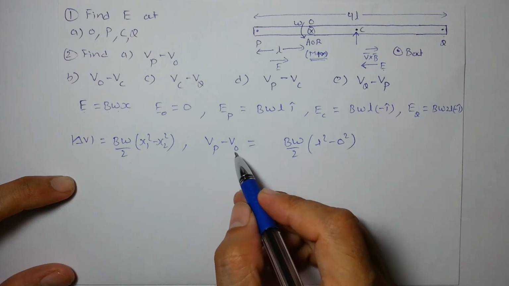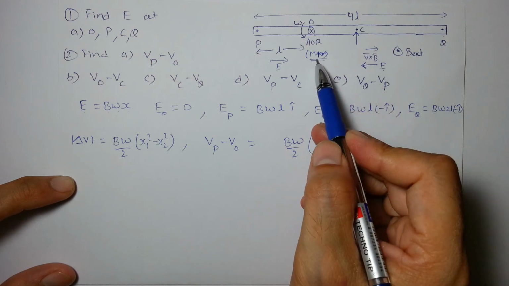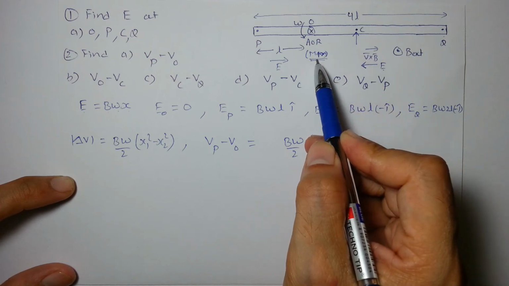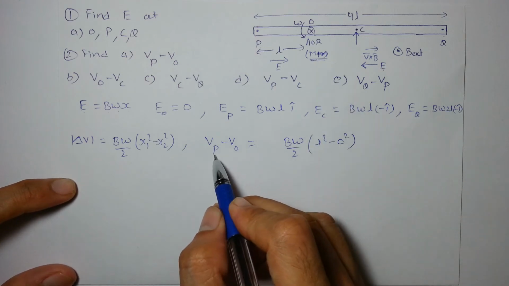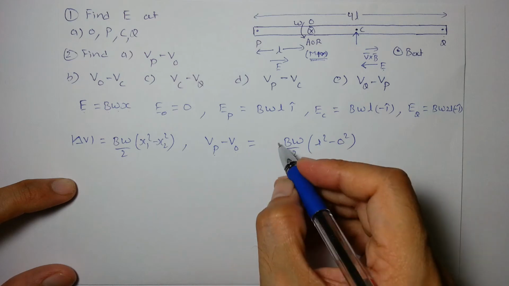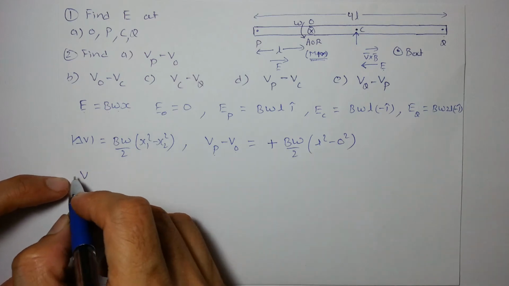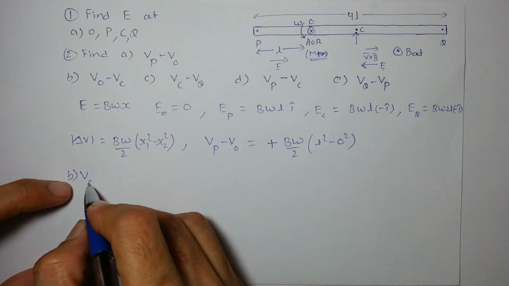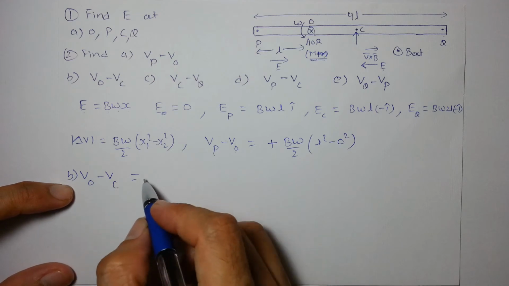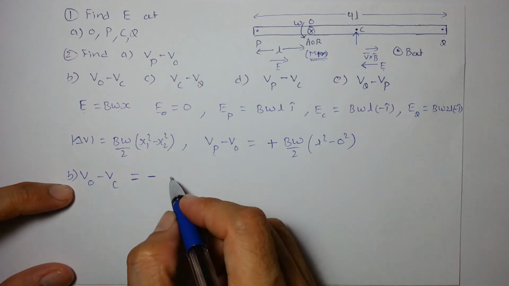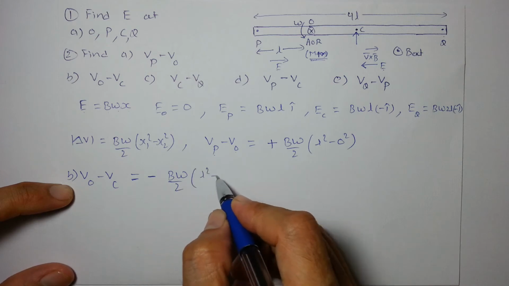Whether it will be positive or negative: as we know that V cross B is away from the axis, the axis will be at minimum potential, so P will have greater potential and the difference will be positive. Similarly, part B will be Vo minus Vc. O is the minimum potential, so the term will come out negative: B omega by 2 times L square minus 0 square.